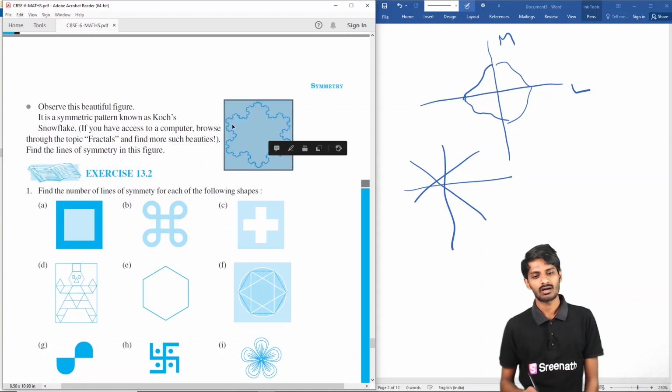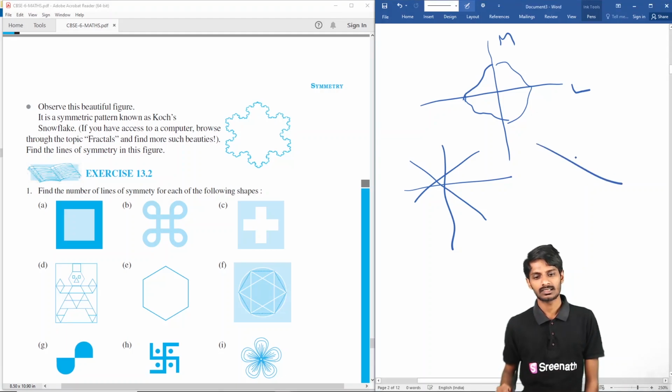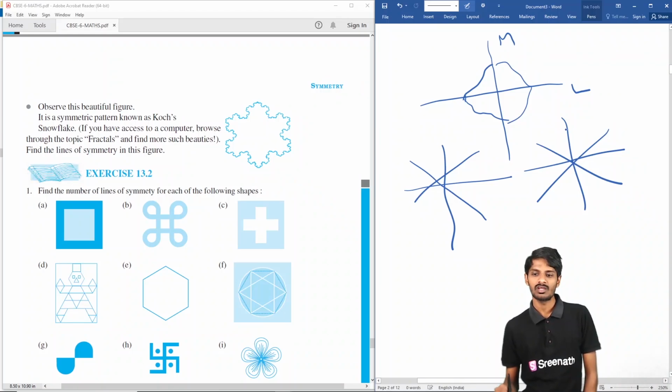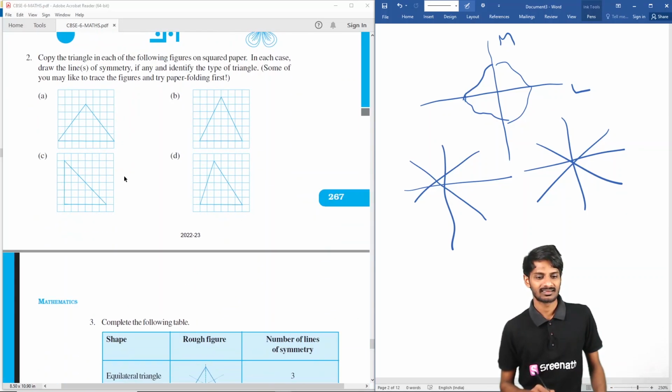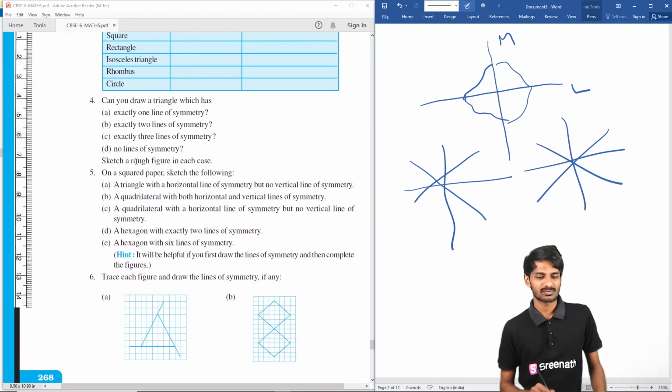We cannot draw here, it is here. So there is this line of symmetry, this line, this line, this line, almost 4 lines of symmetry it has, students. Okay, so that is the beautiful thing. Try to do this problem, students.